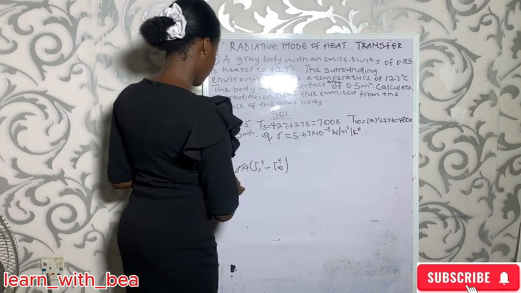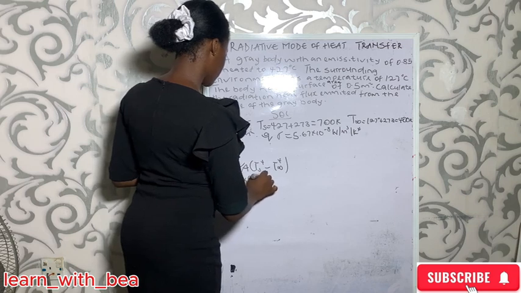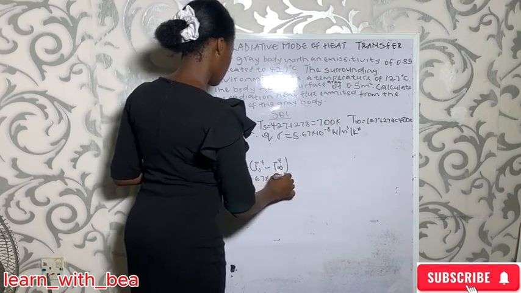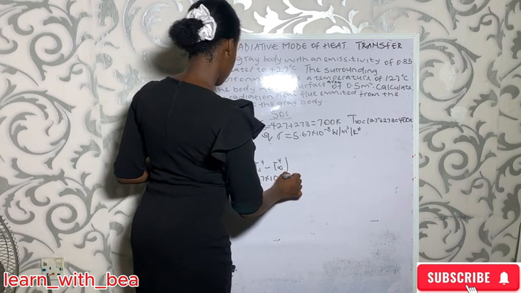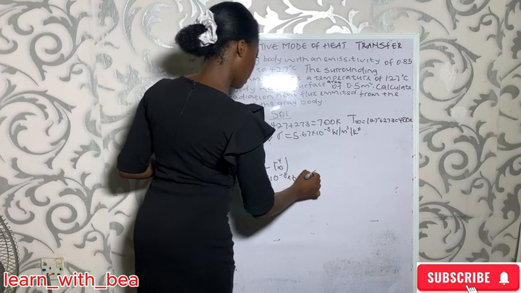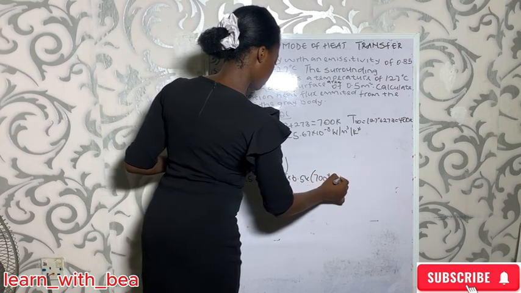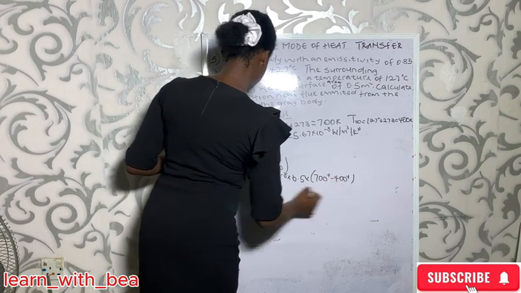So emissivity is 0.85, constant is 5.67 times 10 to the minus 8, area is 0.5, multiplied by 700 raised to power 4 minus 400 raised to power 4.